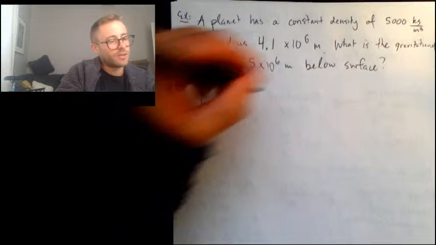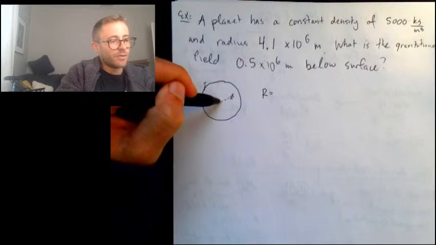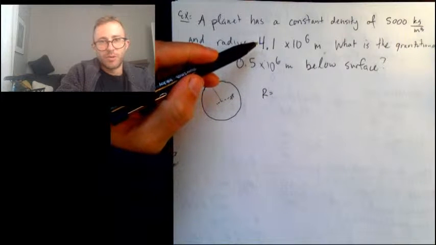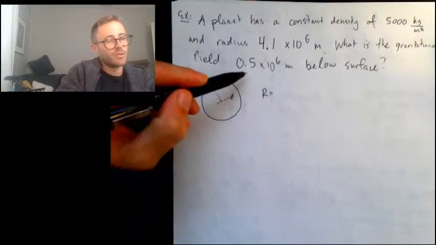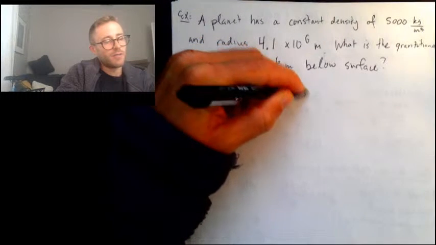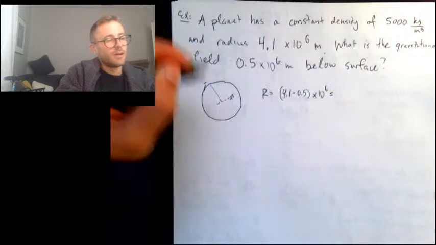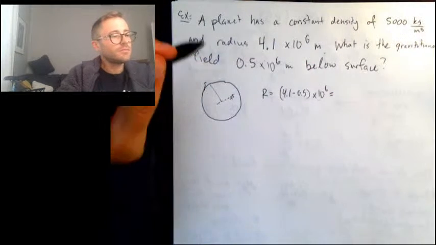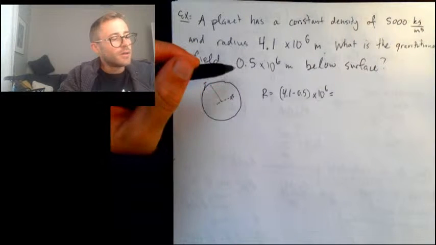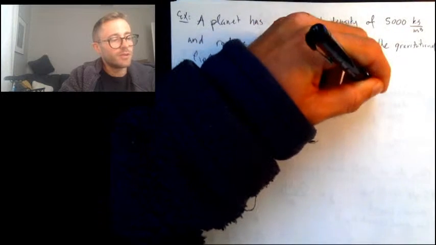Well, the distance all the way to the edge is 4.1 times 10 to the 6th. But we're closer than that because we're below the surface. So it's going to be 4.1 minus 0.5 times 10 to the 6th, which is 3.6 times 10 to the 6th meters.